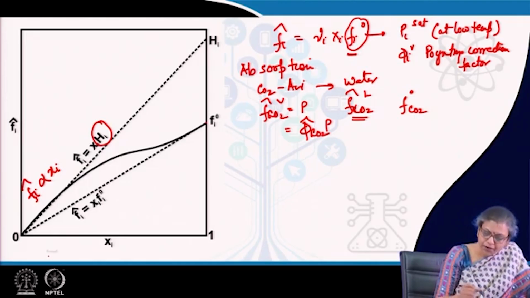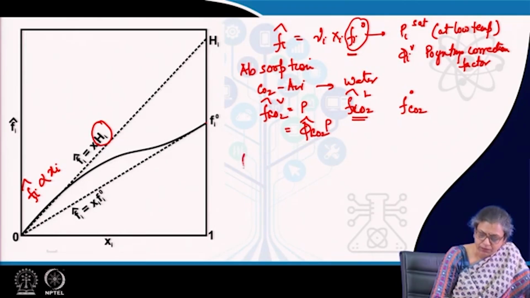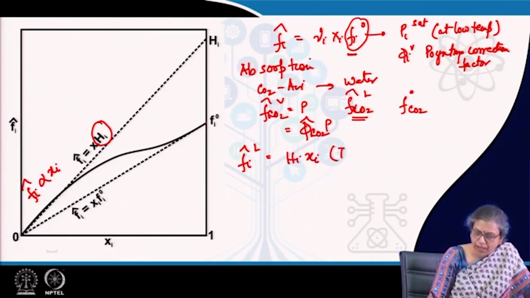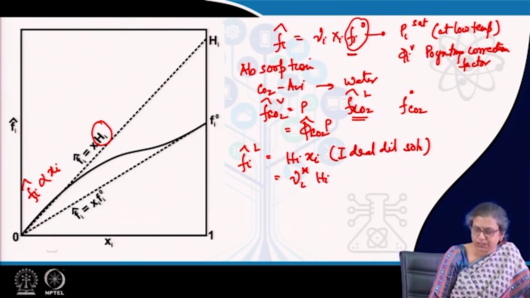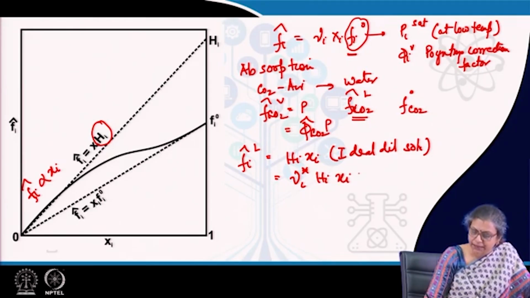So, for absorption we can very well write down that Fi in the liquid state is equal to Hi into Xi for an ideal dilute solution, or if it is not an ideal dilute solution, we are going to modify it by an activity coefficient, denoted gamma i star, that corresponds to the deviation from the ideal dilute solution model, and this will then be equal to YiP.